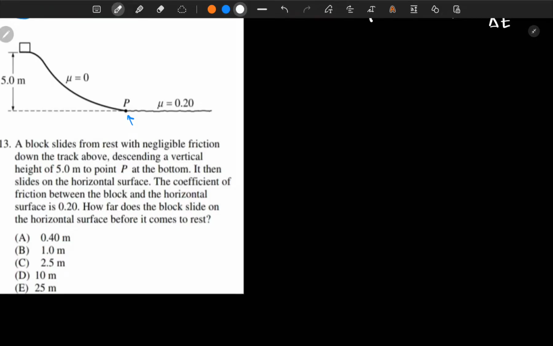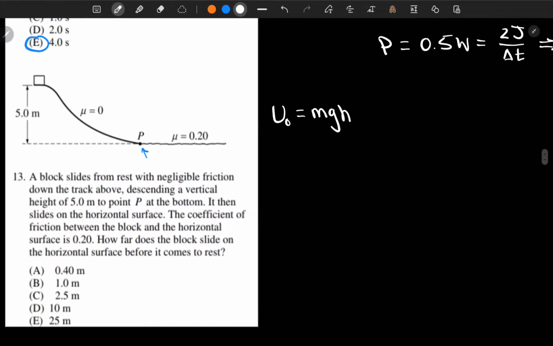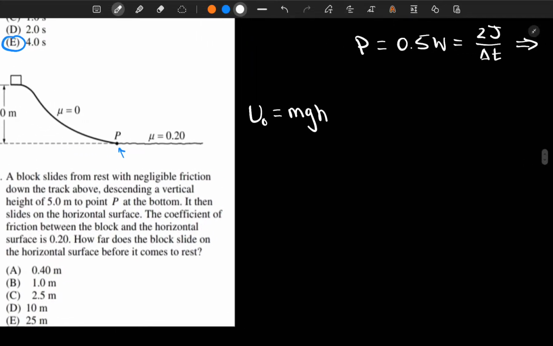Well, to start, we know that the energy at the top of the ramp, U0, is equal to gravitational energy, which here is mgh. Then, although we're not given the mass of the block, we'll assume that it has some mass m.